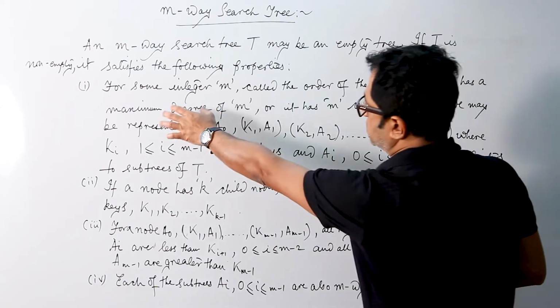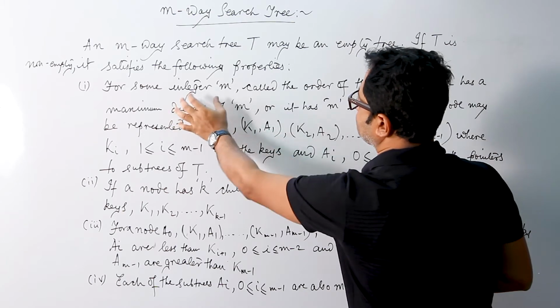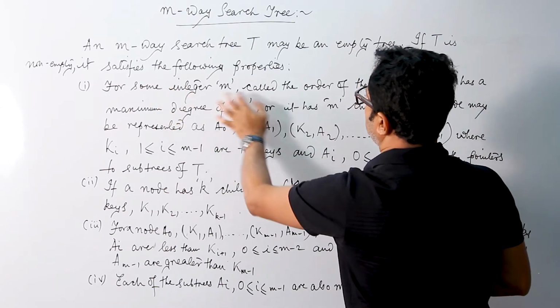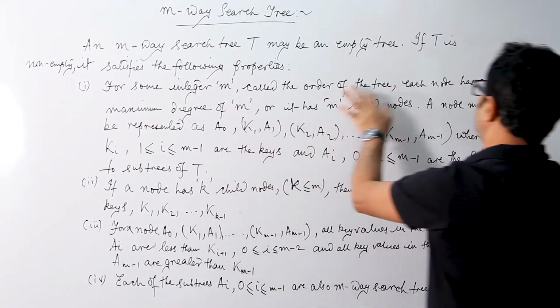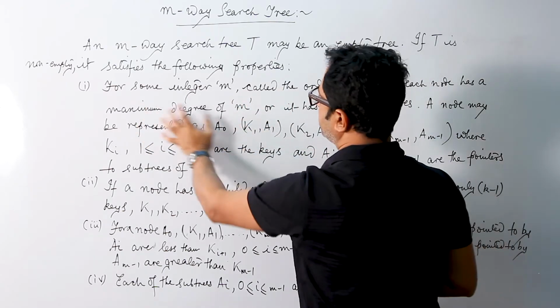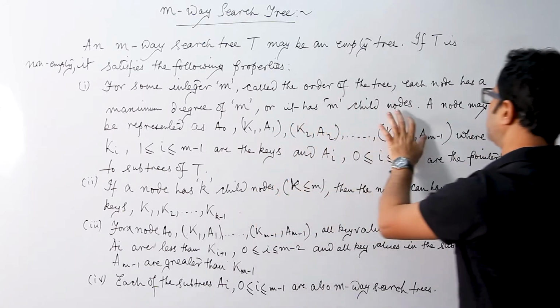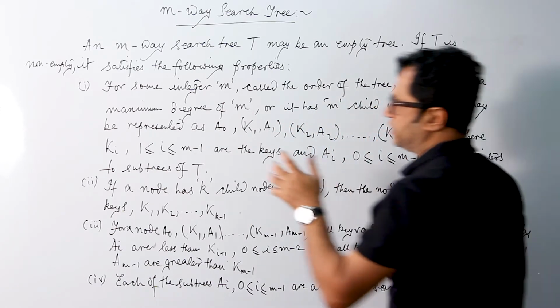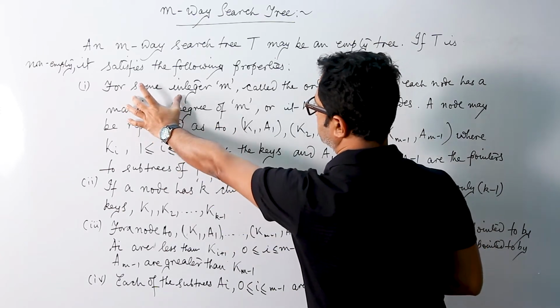So the first point says that for some integer m, called the order of the tree, each node has a maximum degree of m, or it has m child nodes. The definition is a little bit technical, and you need to understand it properly.